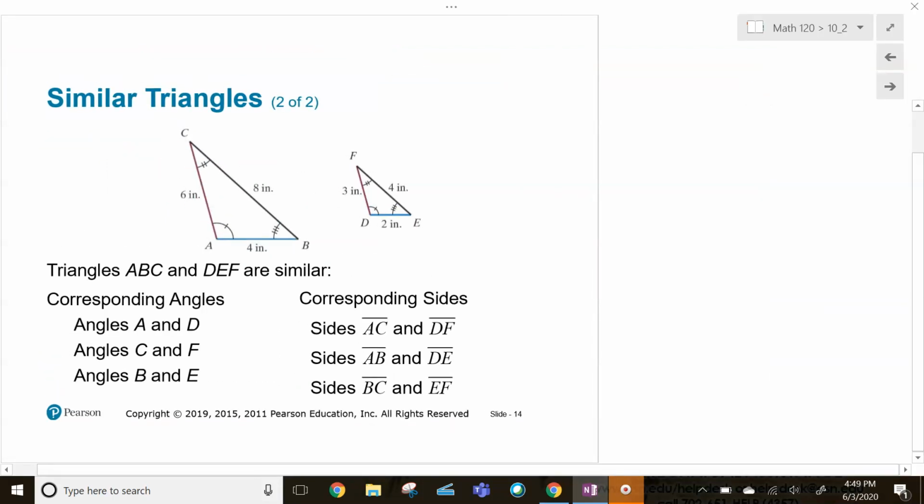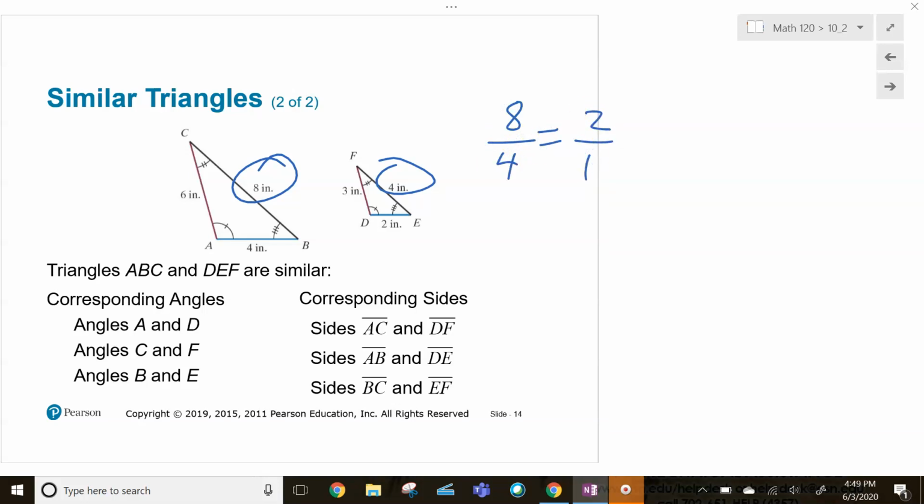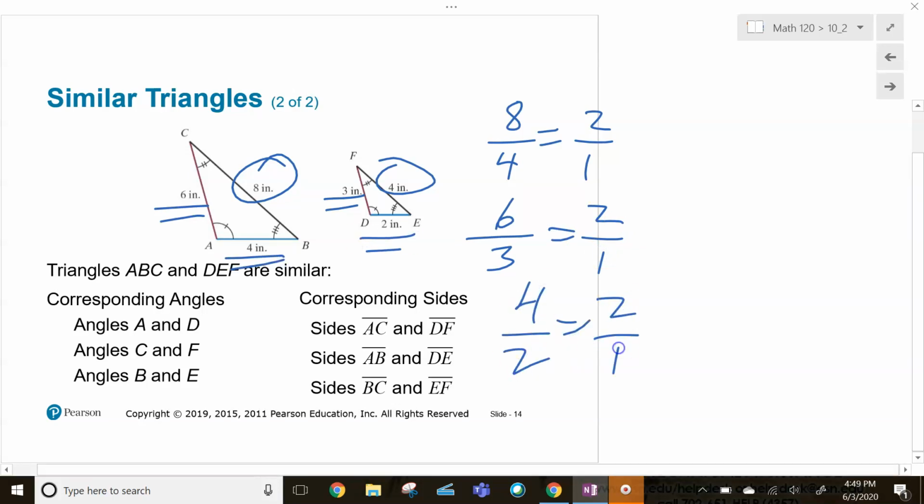It's an 8 to 4 ratio. That side corresponds to that side. It's 8 to 4. In other words, a 2 to 1 ratio. Notice 6 inches, 6 to 3 ratio, right? It's still a 2 to 1 ratio. 4 to 2 ratio. It's a 2 to 1 ratio, right?